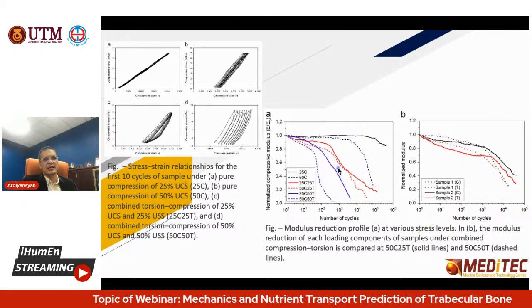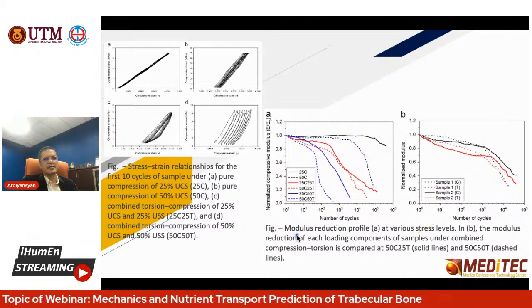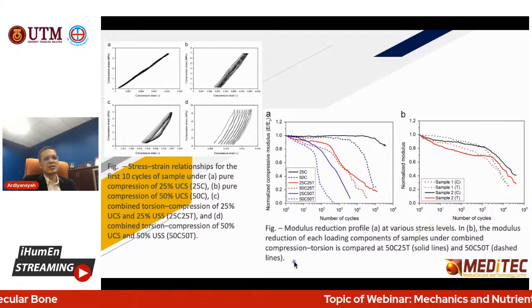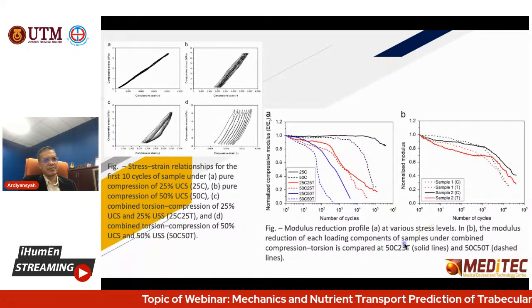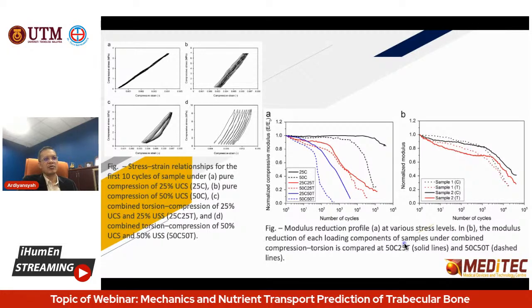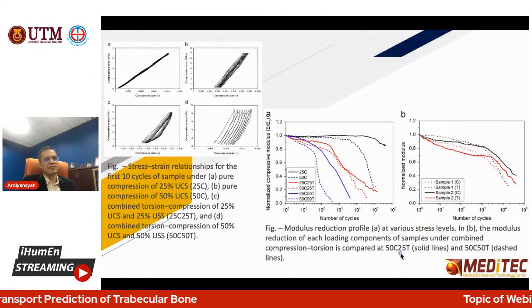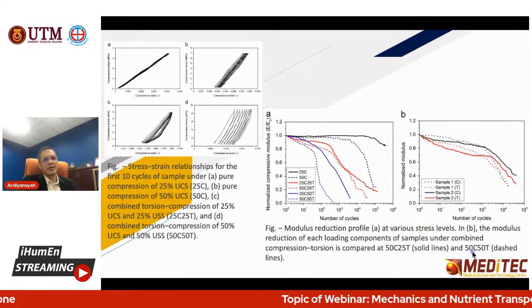In the graph, here is the figure of the modulus reduction profile: A at the various stress levels, and B is the modulus reduction of each loading component of the sample under combined compression torsion, compared with the 50 compression, 25 compression, and 50 compression.